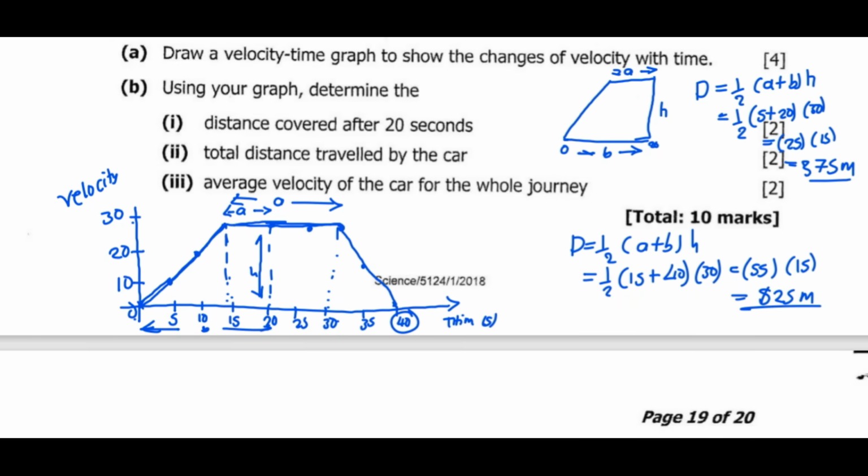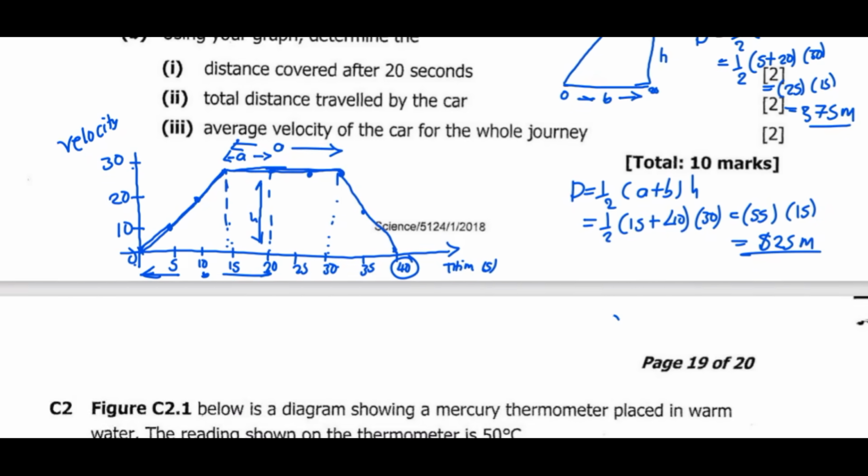Then Roman number 3, average velocity of the car for the whole journey. Average velocity is equal to total distance over total time taken. What's our total distance? 825 over total time, which is 40.